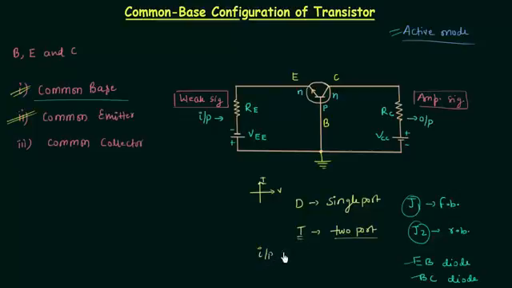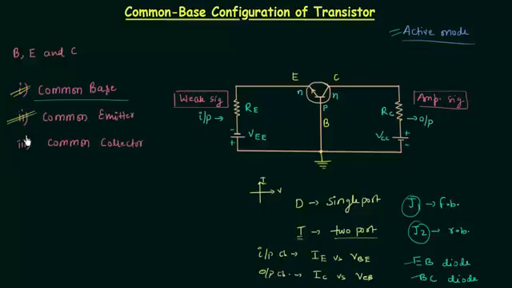In case of input characteristics, we have plot between the input current. The input current in this circuit is IE, the emitter current, and the input voltage is VBE. And in case of output characteristics, we have plot between output current IC and output voltage VCB.